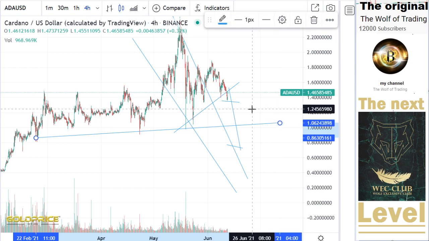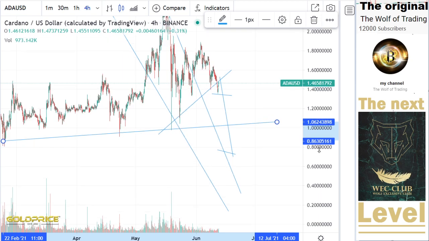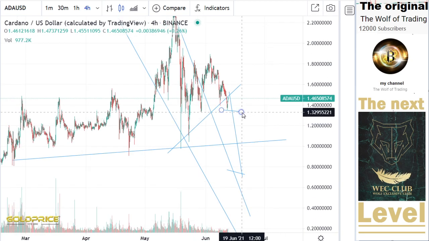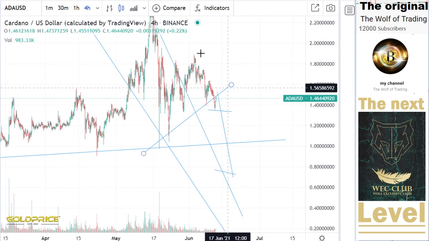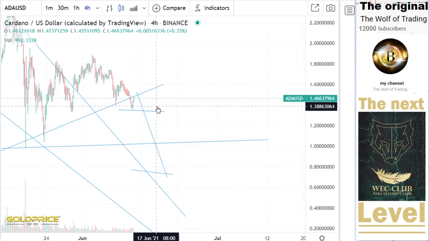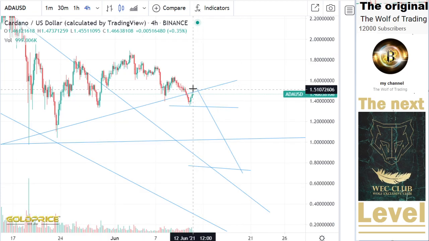So I think if we have now power to go here to the top side, the next move will be even worse than this. Yeah, then I think let's check. Yes, it could happen that we fall back to these levels.